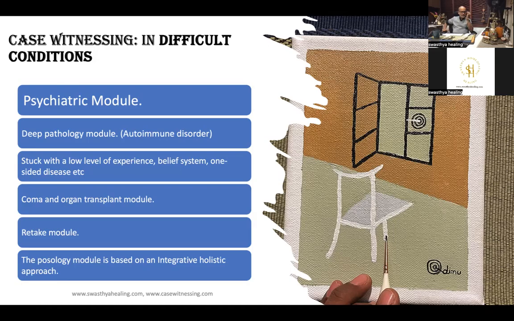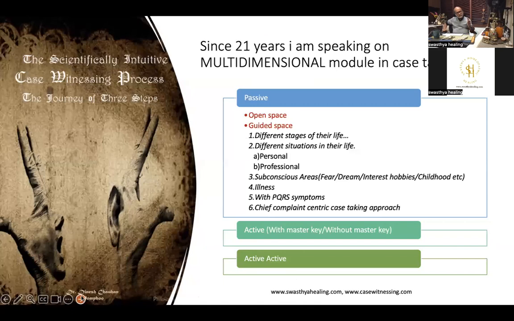Before going deeper, I just want to explain how this came into existence. As you are all aware of my 3 steps of case taking, a simple, scientific, reproducible case taking module which I call the case witnessing module, in which there are 3 basic steps. In the first step you give open space and ask open, non-leading questions specific to the age and the stage of that person.